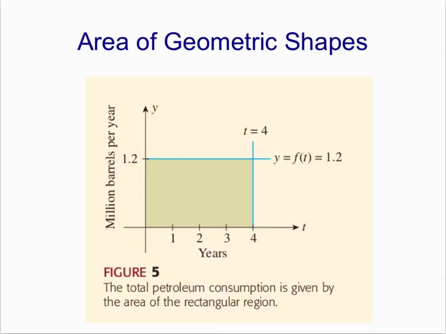Here we happen to have a graph of a constant function, y equals 1.2, and the area underneath that curve here is easy to find. It's simply the length, the base, which is 4, times the height, which is 1.2, and a little multiplication, and you'll figure out that the area of this region is 4.8 square units.